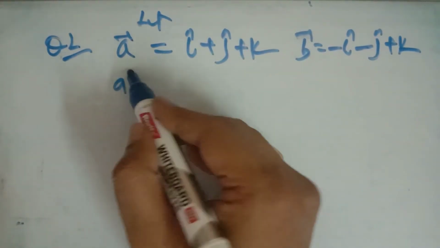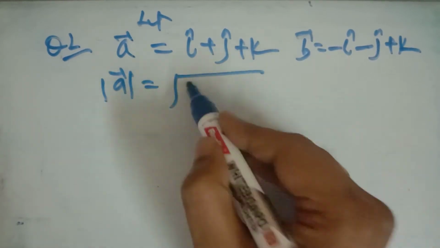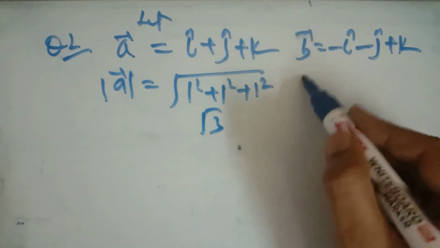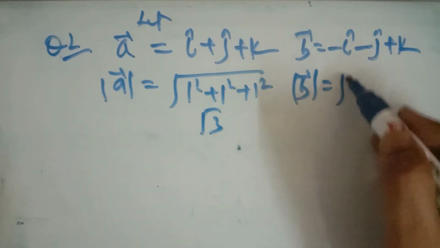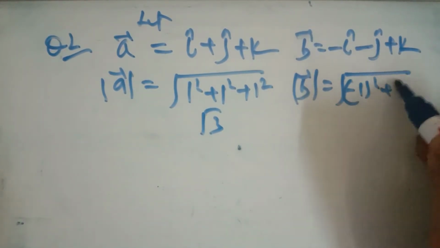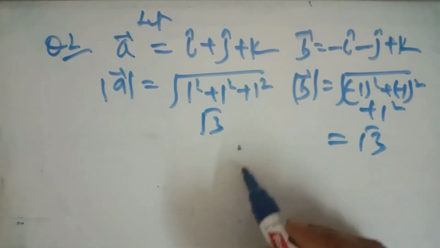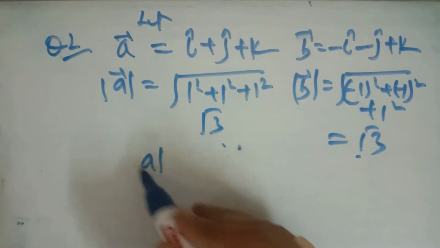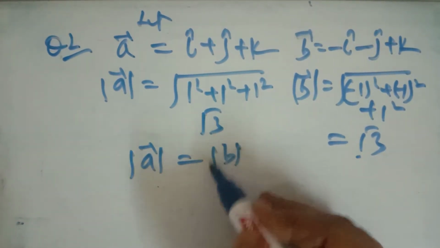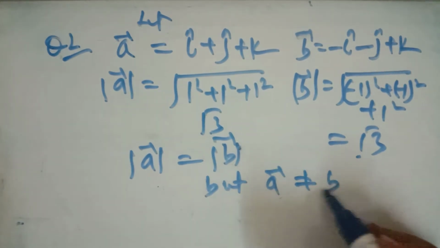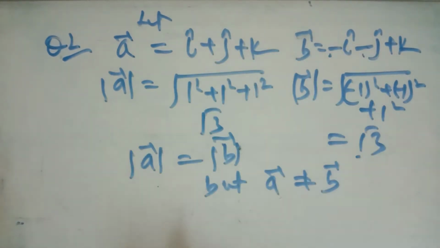Now if we find the magnitude of vector a, it will be under root x square plus y square plus z square, which is equal to root 3. Vector b's modulus will be under root a square plus b square plus c square. It is also equal to root 3. These two are equal, their magnitudes are equal. But vector a is not equal to vector b, क्योंकि i और j equal नहीं है. Same direction as well as same magnitude होना चाहिए उसका.